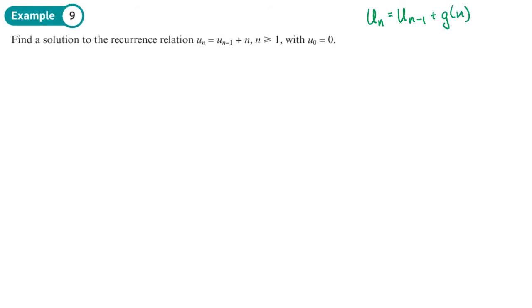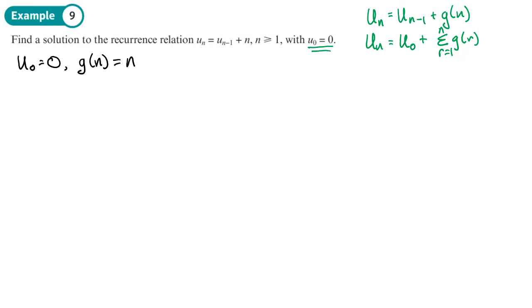In this case, it's just n. And the solution is u_n equals, now we've been given u_0, so it's going to be u_0 plus the sum from r equals 1 to n of g(r). So we have u_0 equals 0. We have our function of n, which is this part here, which is just equal to n.